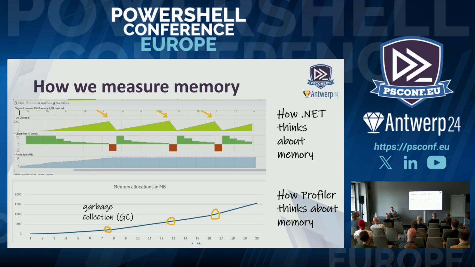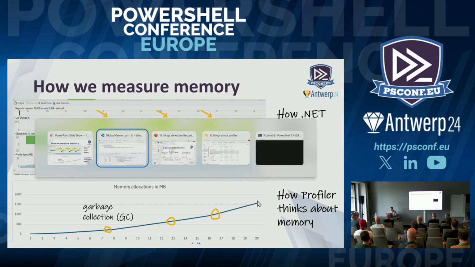It gives you the most information, and it also works very similarly to time because it always goes up rather than going down. And so in Profiler, we capture it like this. We go up, then garbage collection happens, and you can see it has no impact on the graph. And then we go up until we reach the 1.5 gigabytes of memory that we saw in the previous slide.